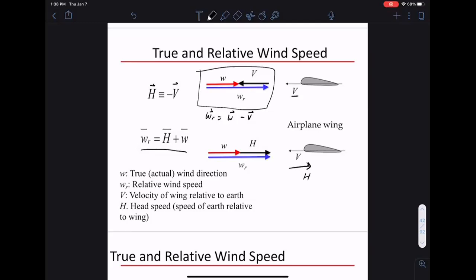It could be a little confusing if you directly look at some of the equations, but the idea is that if wind and H are large, then the relative speed is also large. So this is the convention. Any questions with this convention?